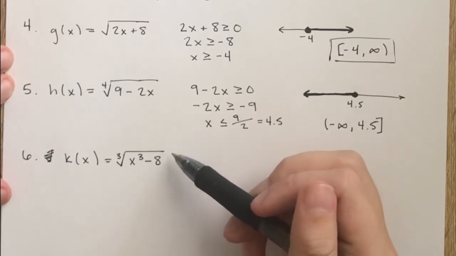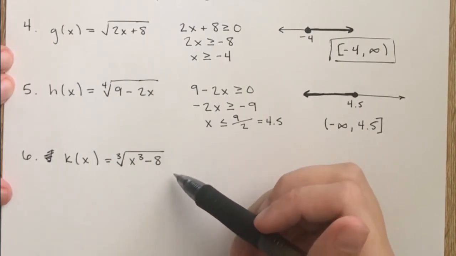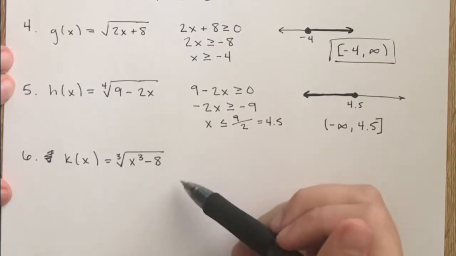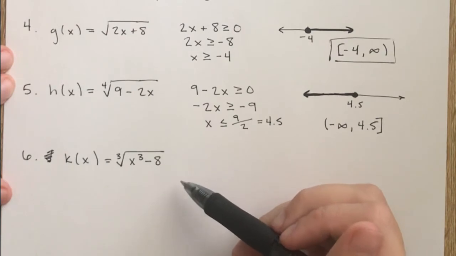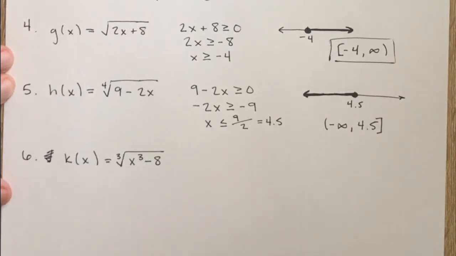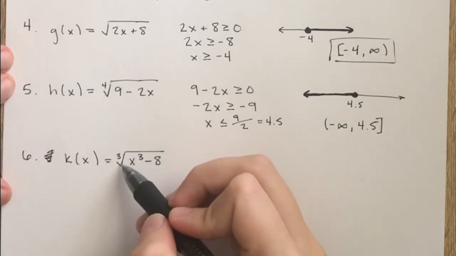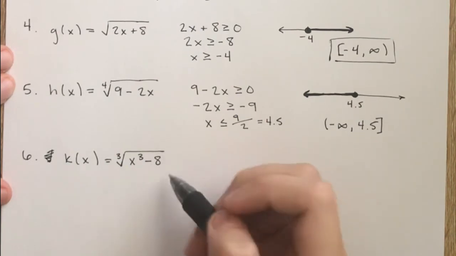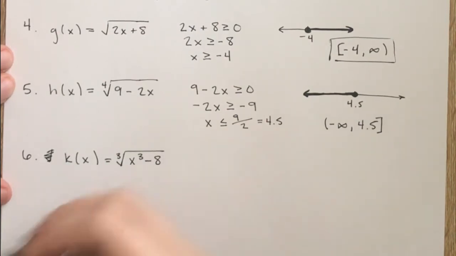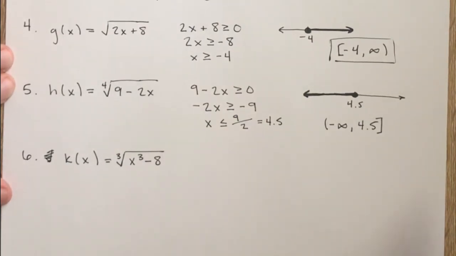This is a root function, but what type of root function is the one we have to worry about? An even root function, right? So this is an odd root function, right? 3 is odd. Because this is an odd root function, we have no domain issues to worry about.